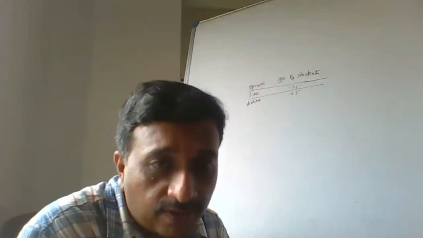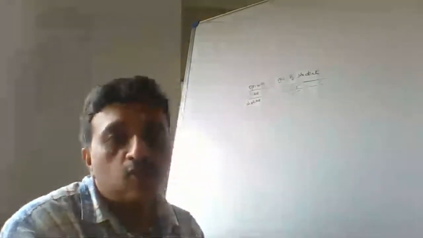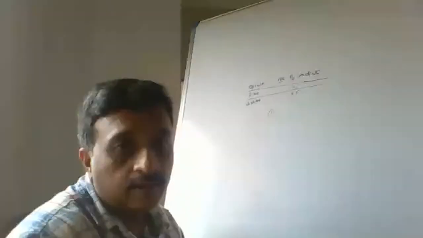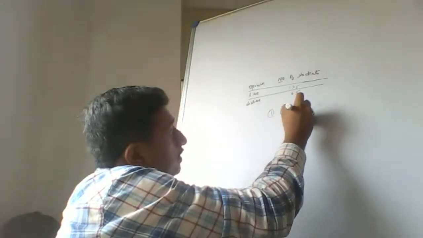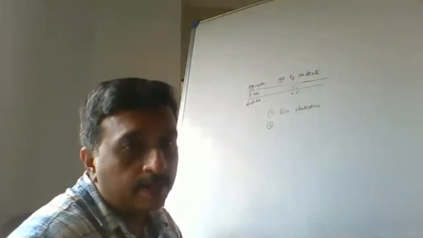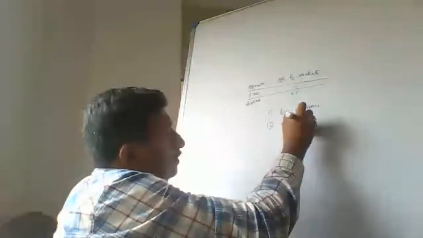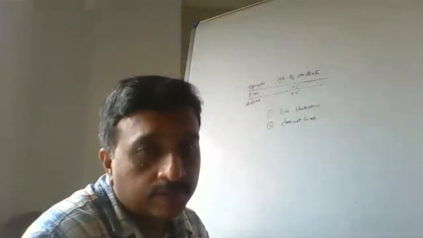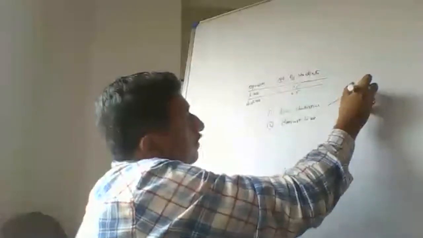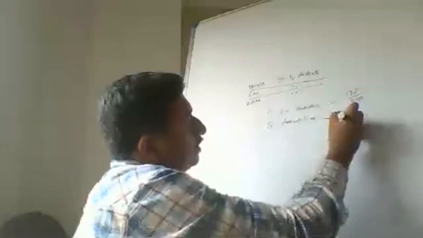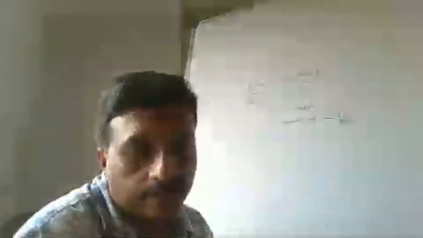Then let us find the probability that a student chosen at random, first, likes statistics, and second, does not like it. Liking is 135 by 200, and this is 65 by 200.